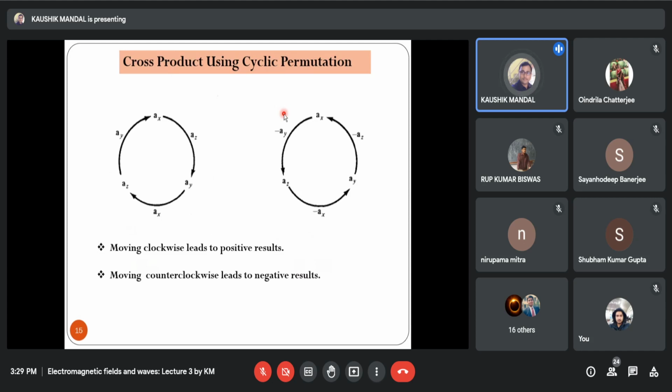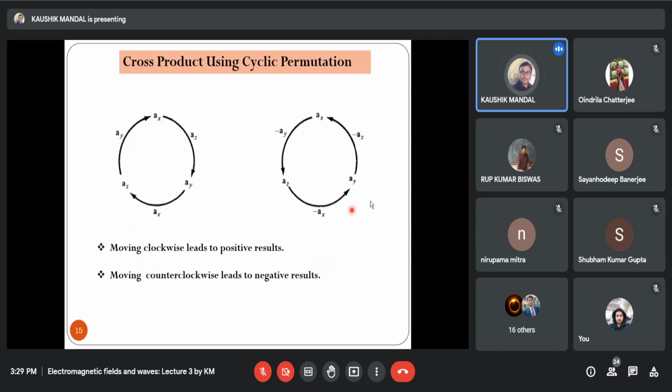Now we can also find the cross product using cyclic permutation. Cyclic permutation means this is ax, ay, az. If we move in the clockwise direction, it will lead to a positive result.